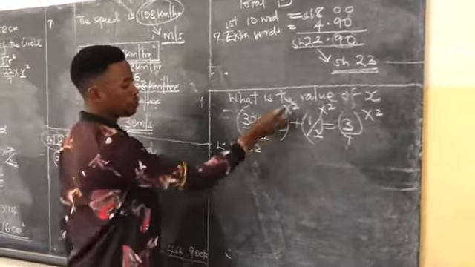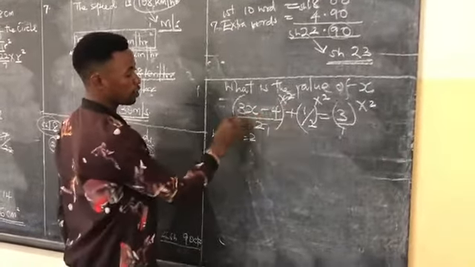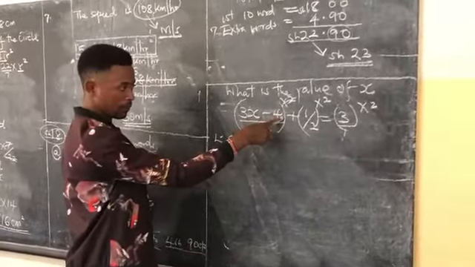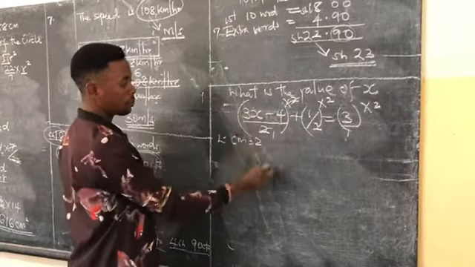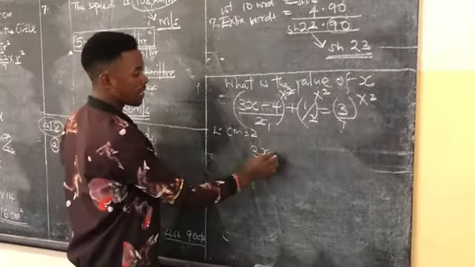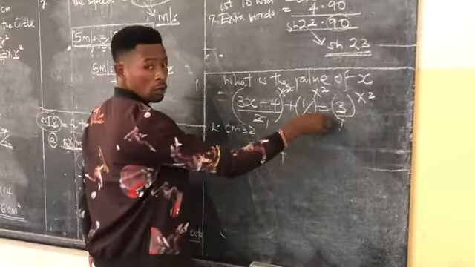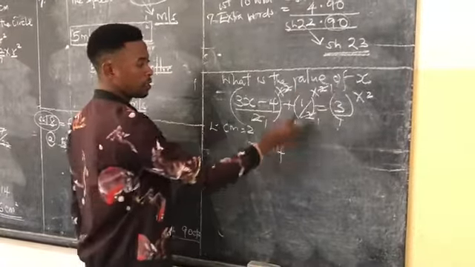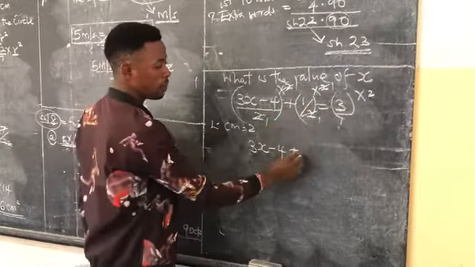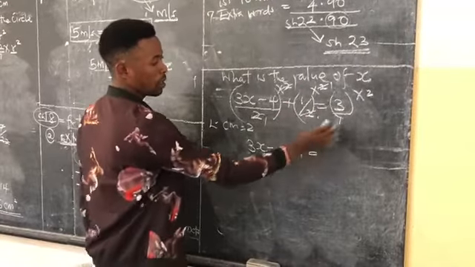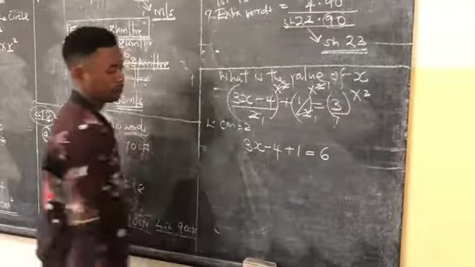So this group times 2 over 2, 1 over 2, 1. So we are multiplying this one by 1. So 3x times 1, this is 3x, minus 4 times 1, that is minus 4. Plus a half times 2 over 2, 1 over 2, 1. So this is 1 times 1, which will be plus 1, is equal to 3 times 2 is 6.